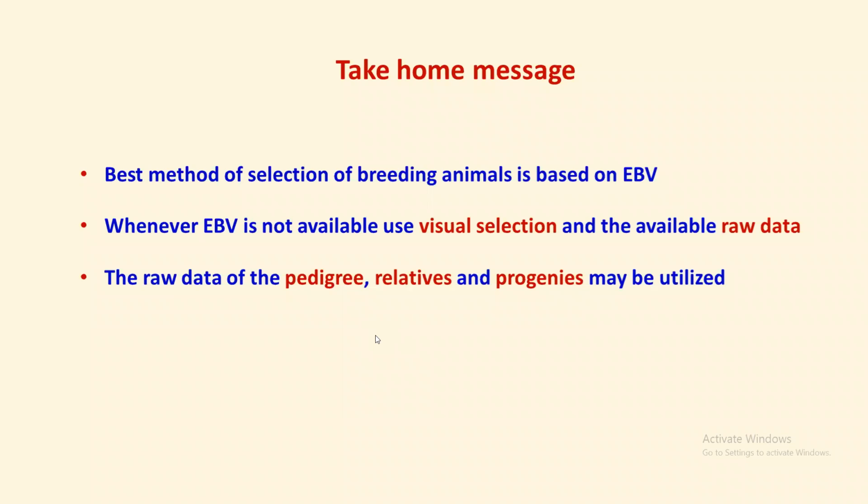We can combine them. And the third thing is, raw data of the pedigree, relatives, and the progenies may be utilized. Don't get confused on this point. Whenever we are selecting on raw data for some trait, there are so many milk and meat traits in the farm. Whatever trait you can record or collect from your farm, your field, you just record it.